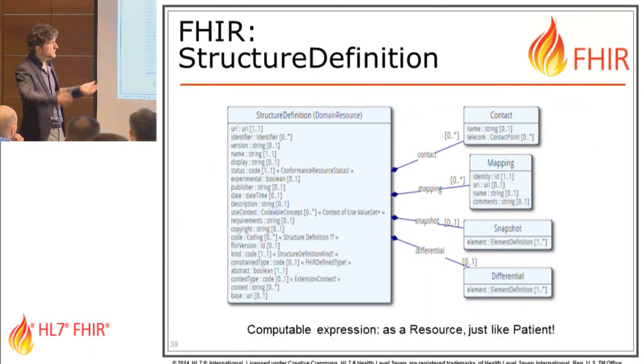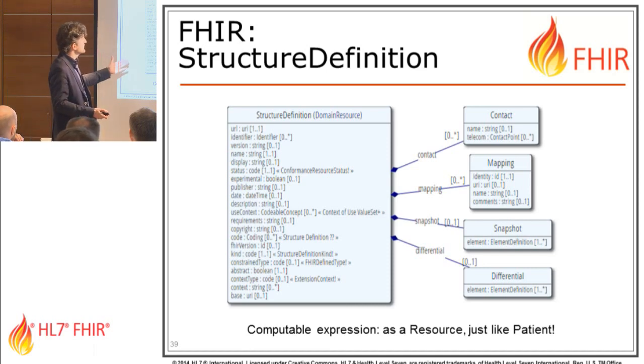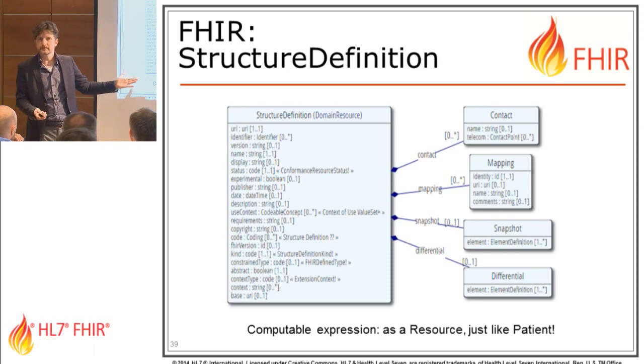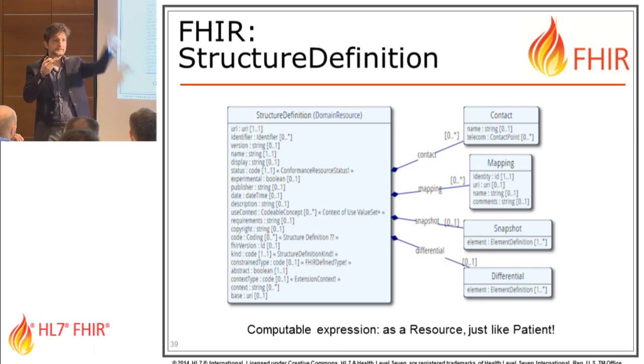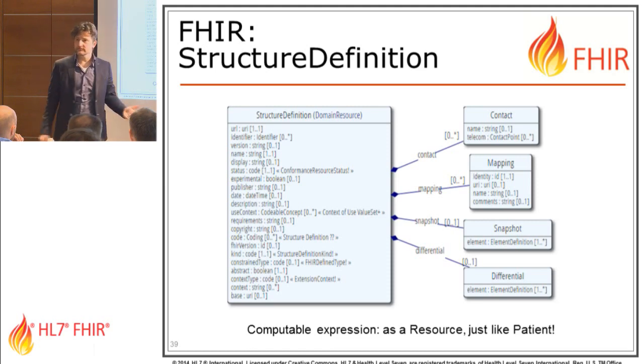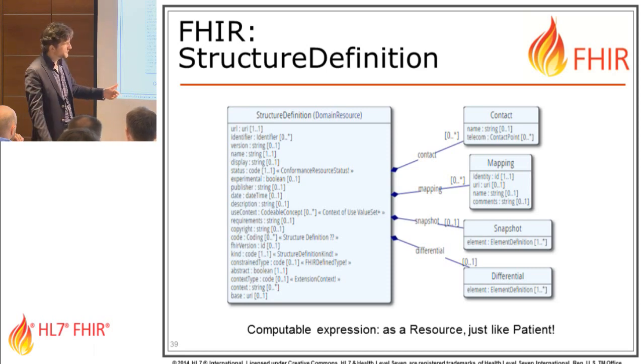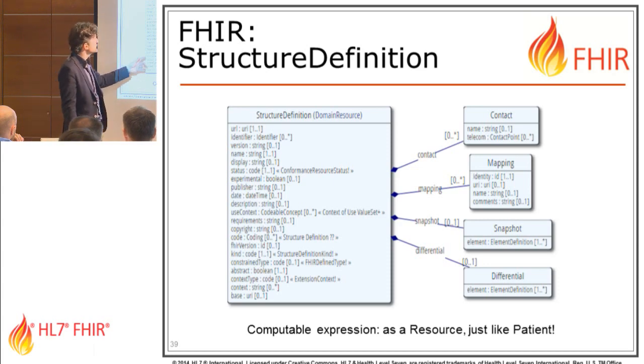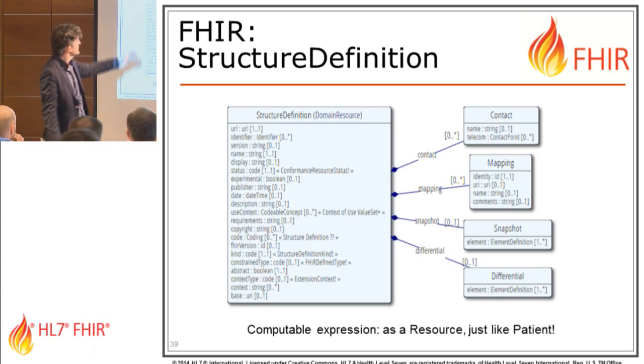And, because we already had the resources, we actually have a resource that contains a profile. So this is kind of a circular thing going on, where we have a resource called structure definition that describes how a resource called patient looks like. Or that describes how your constraints, your national constraints on the patient, look like. There is a structure definition that describes the data elements in structure definition.